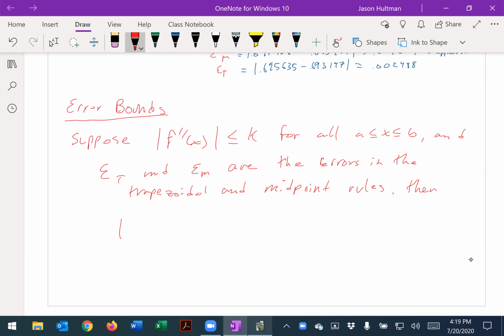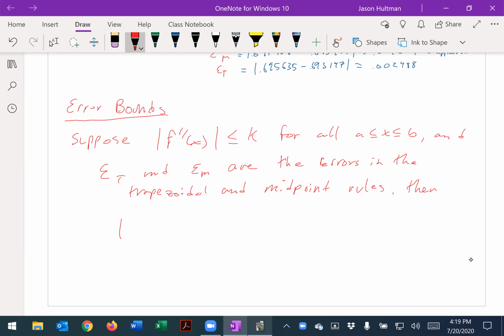If we just want a bound on the error, what's an upper bound for the error? We can take the second derivative absolute value, and say that's less than or equal to k.